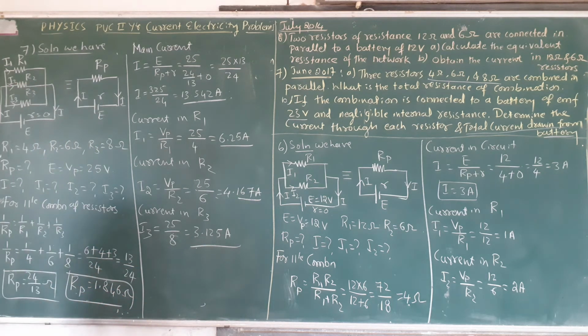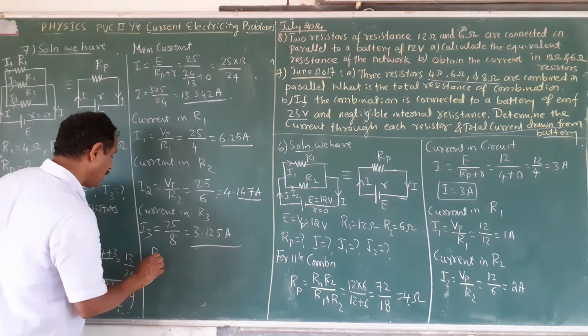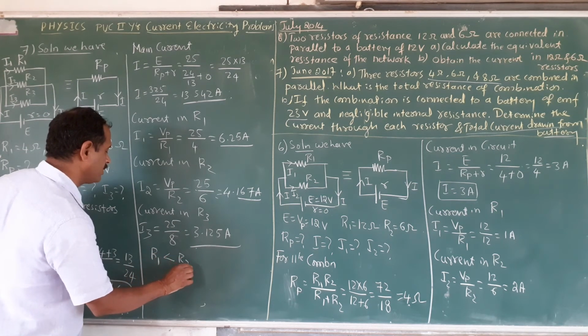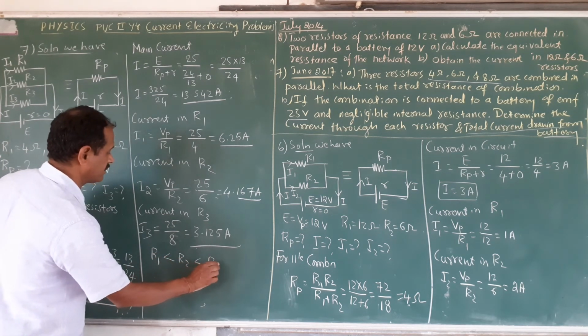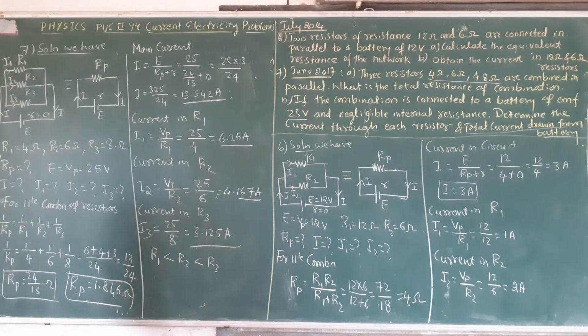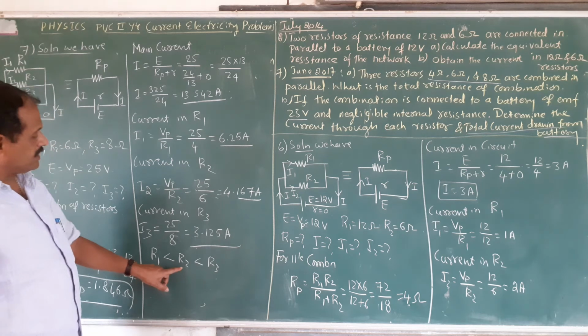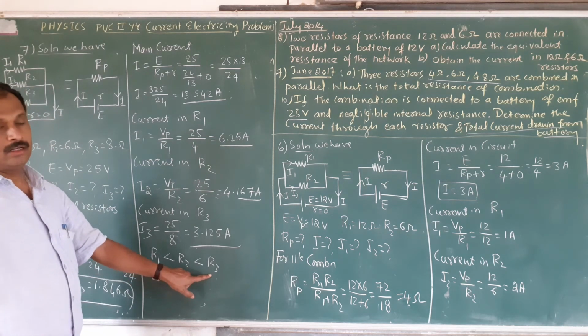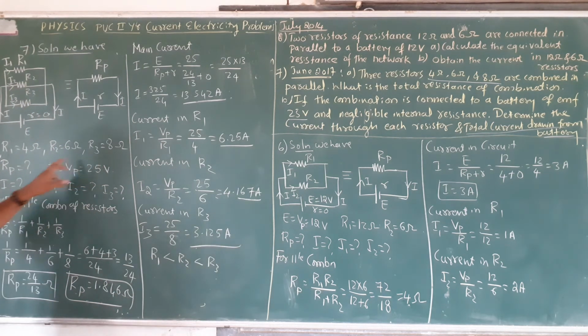Now observe this one. R1 is less than R2 is less than R3. The highest is R3, the lowest is R1, which is 4.